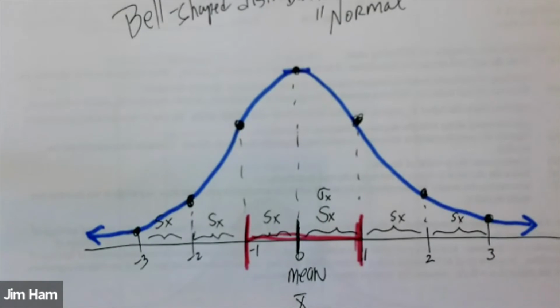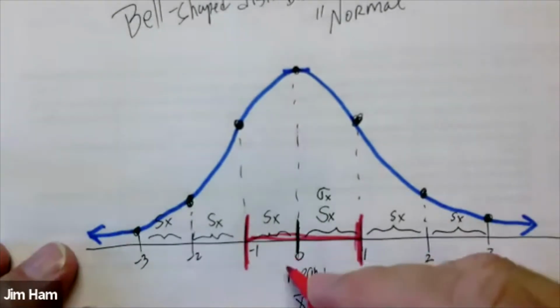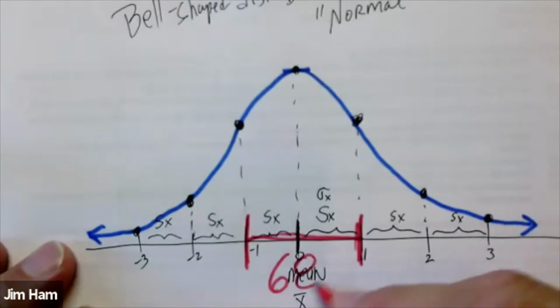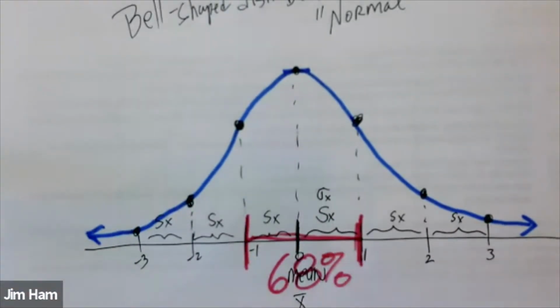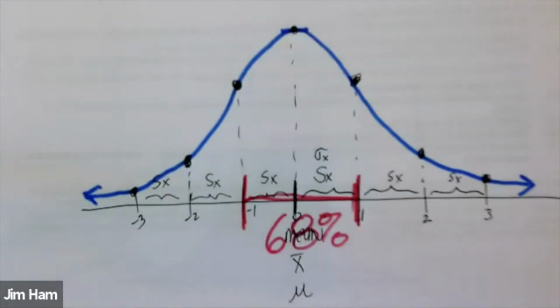And what the empirical rule says is that 68% of all the data in a normal distribution like this, in this bell-shaped distribution, will fall within 1 standard deviation. And that's good, useful information. That's more than 2/3.